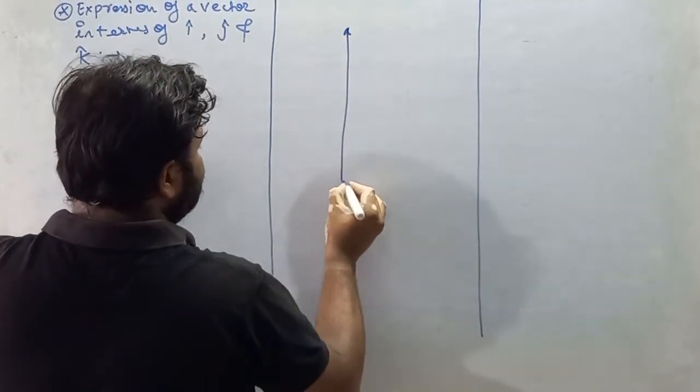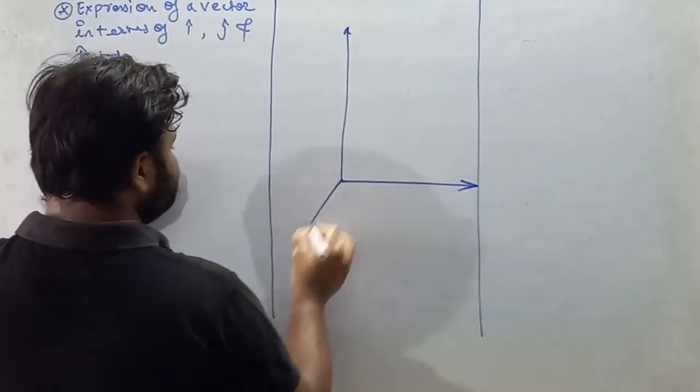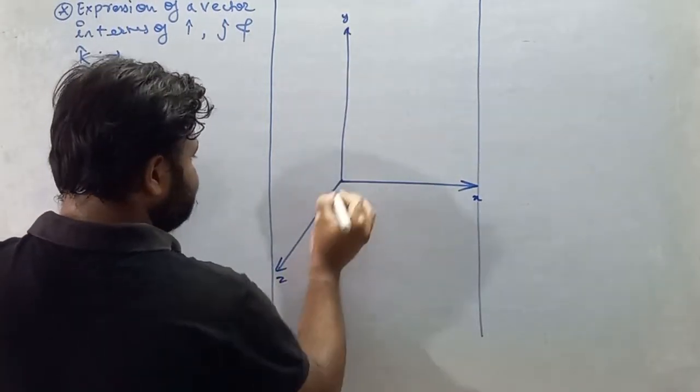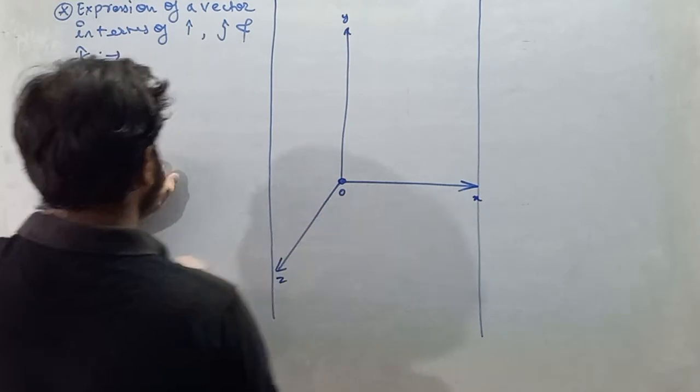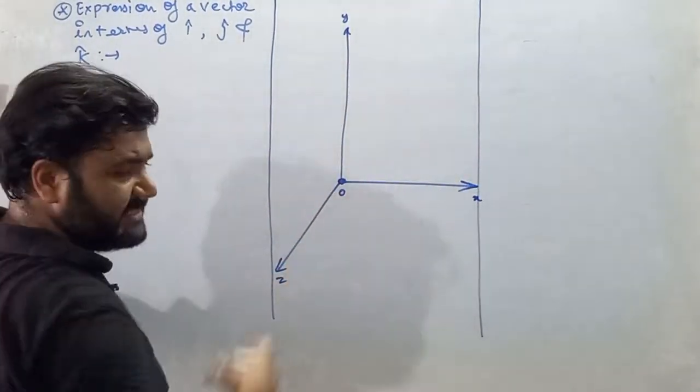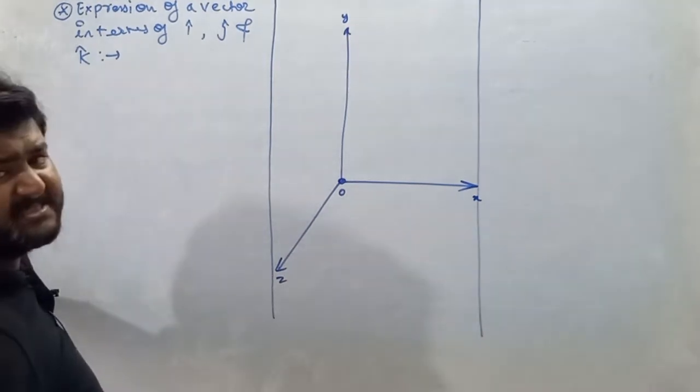Let's suppose we have a particle. This is our Cartesian system. Let's suppose this is x-axis, y-axis and z-axis. This point is origin. The particle is moving along x-axis by a distance of, let's suppose, 4 meter.